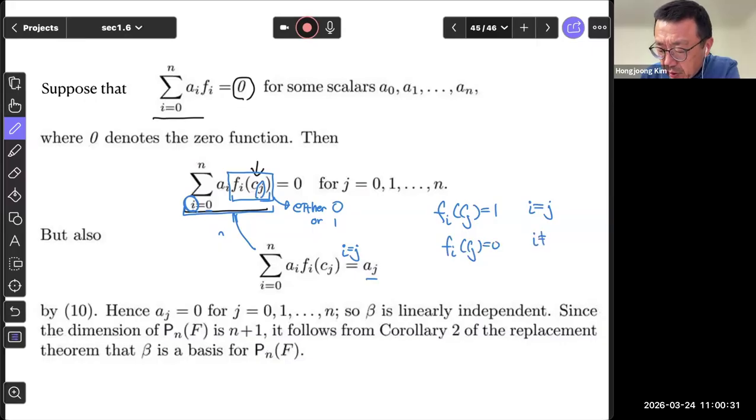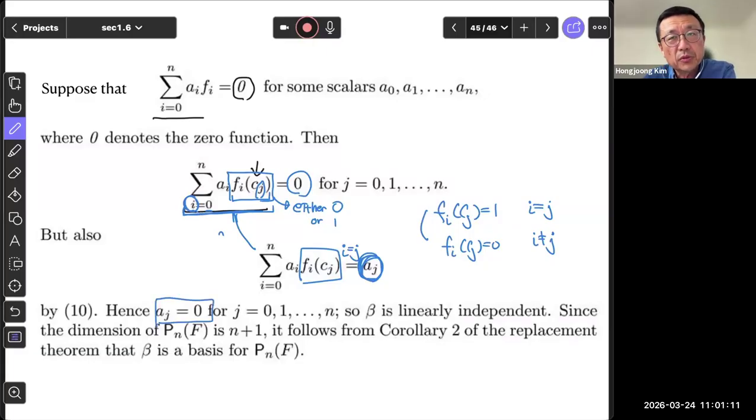So if I consider this summation, this value will be either 1 or 0, and only one coefficient will survive when i and j are the same. Otherwise, all terms will disappear. So the expression on the left will be the same as a sub j, and that a sub j must be 0. So we have this: a sub j will be 0 for all j.